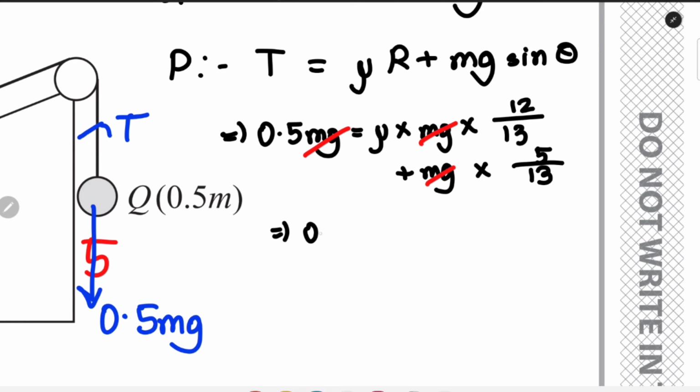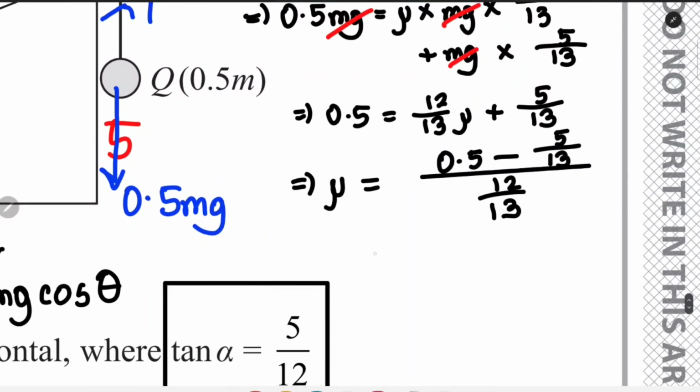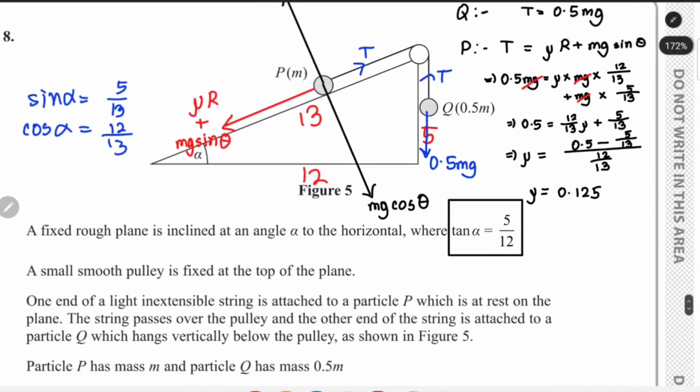We'll have 0.5 equals 12 by 13 mu plus 5 by 13. So now we can find mu, which would be 0.5 minus 5 by 13, all divided by 12 by 13, and we'll get a value of 1/8, so 0.125. This is the value of mu.